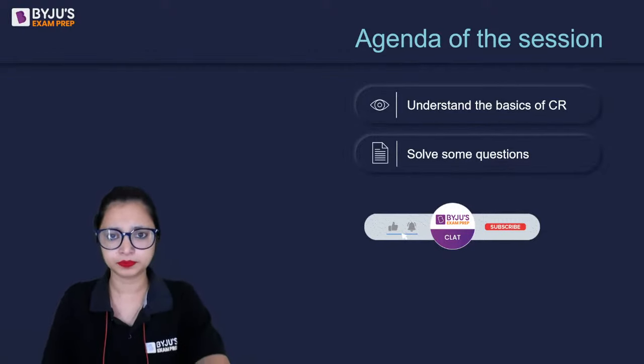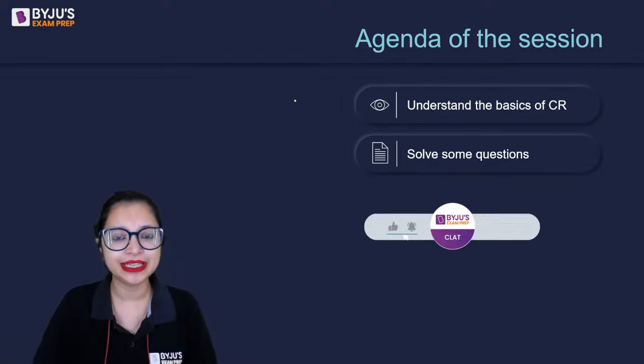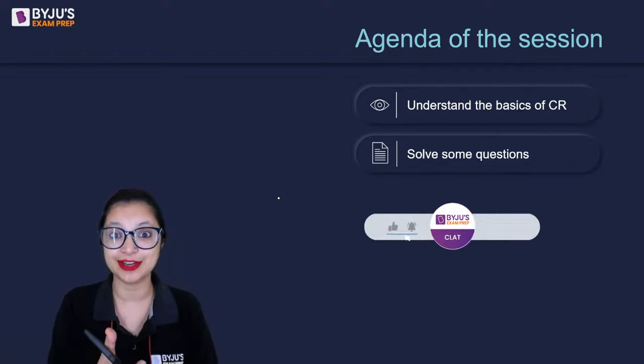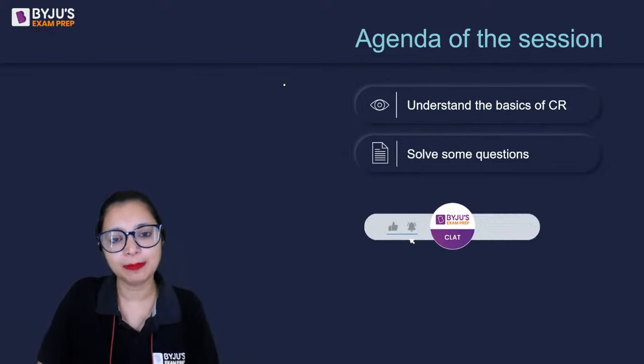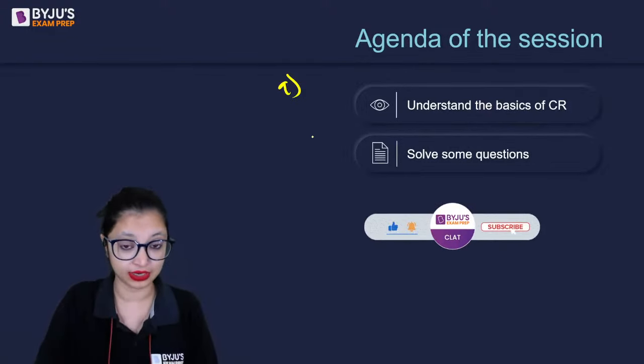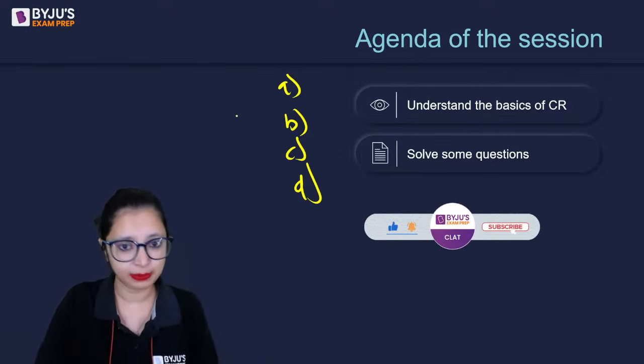Because many times, when we solve strengthening the argument and weakening the argument questions, for example, "which of the following options strengthens the argument?", such a question comes in CLAT. So if you have 4 options, everyone listen to me very carefully, okay? Which of the following strengthens the argument? You have 4 options.